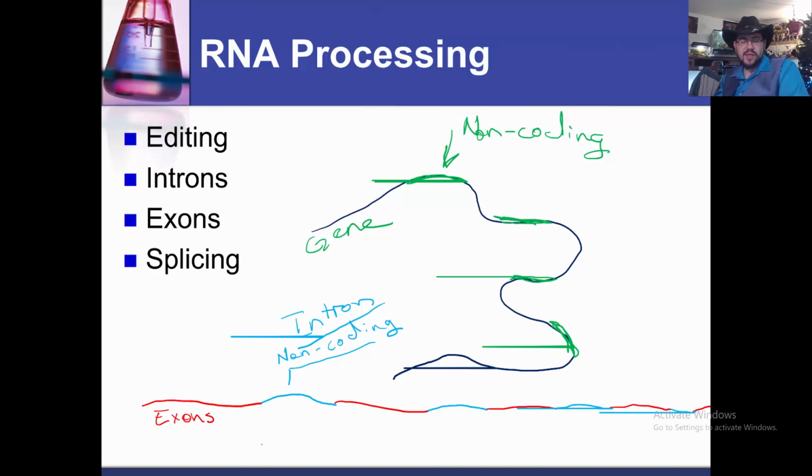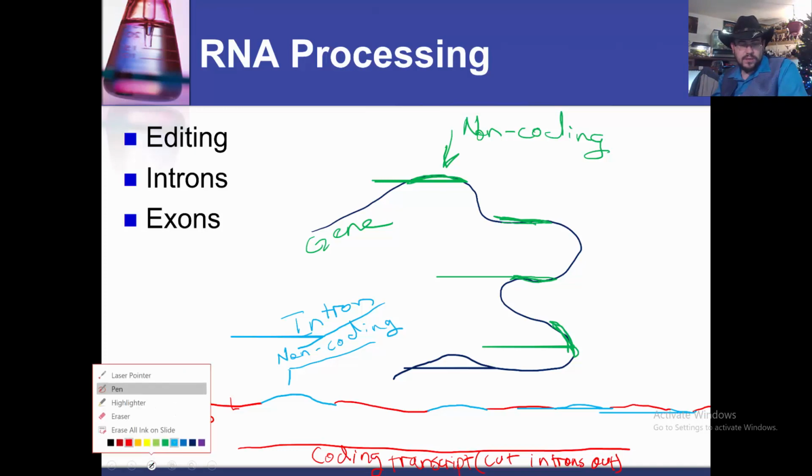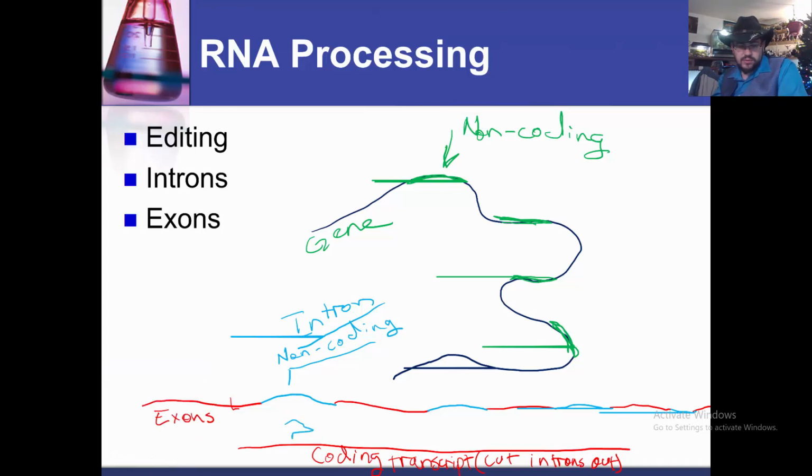We need to cut out the introns and splice together the exons so we have one long transcript that only has coding information. This is our coding transcript, in which we cut out the introns and spliced together the exons. So all our introns have been removed.